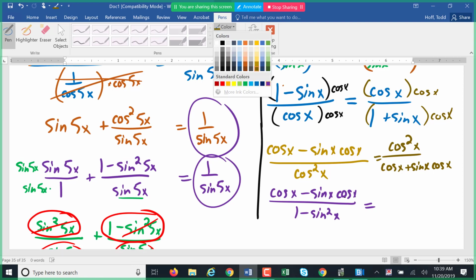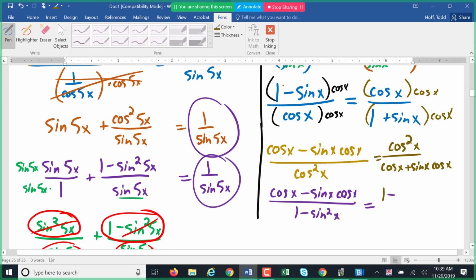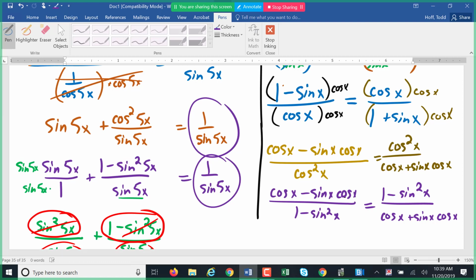Cosine squared of x, again, I'm going to replace with 1 minus sine squared of x. On bottom, I'm not going to do anything quite yet.